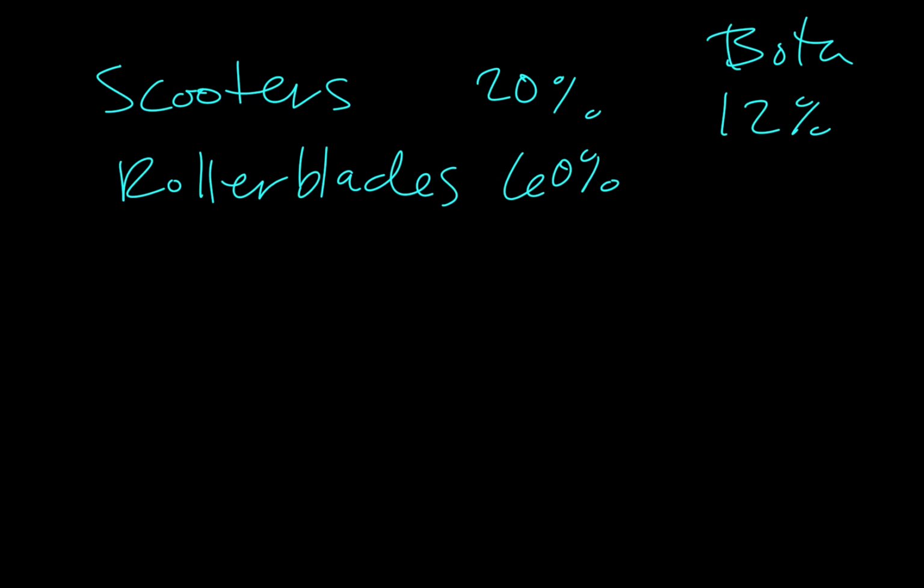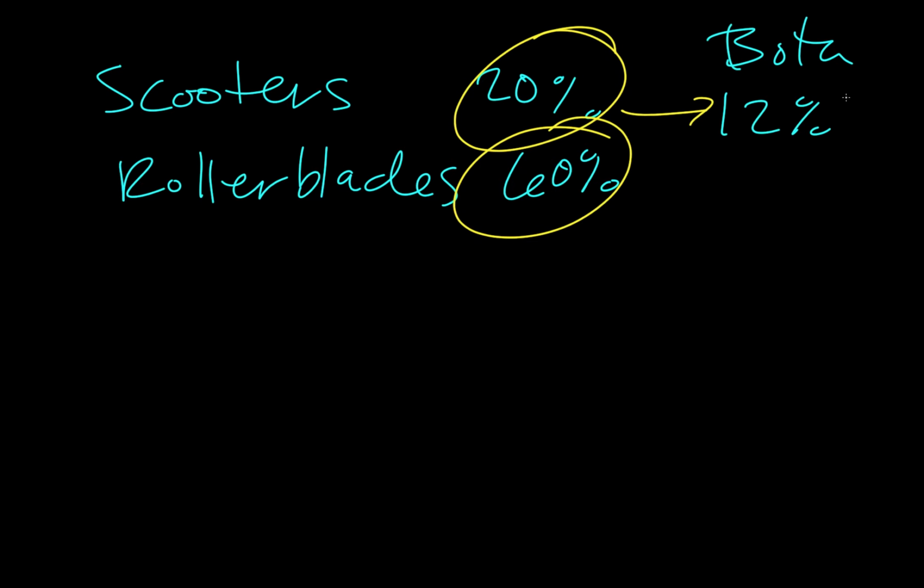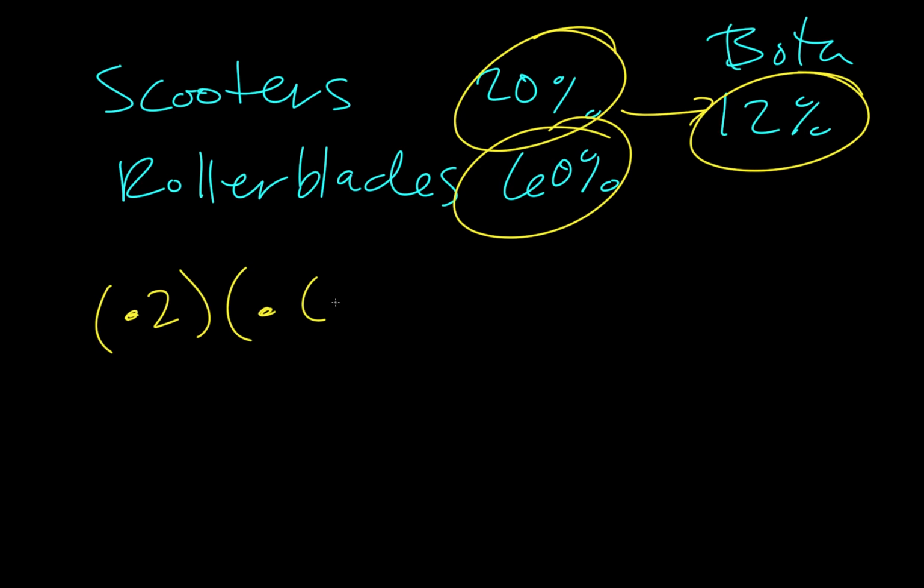Okay, so all we have to do is take this, multiply it by this, and see if it equals this. Make sure you turn it into decimals though. So 0.2 times 0.6, and then we're asking the question if it equals 0.12.